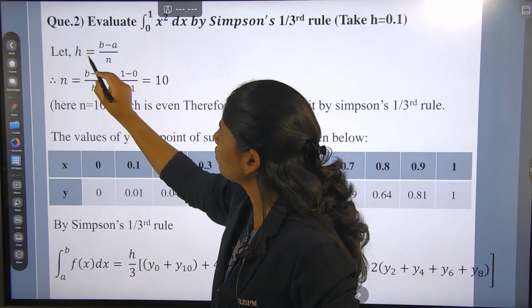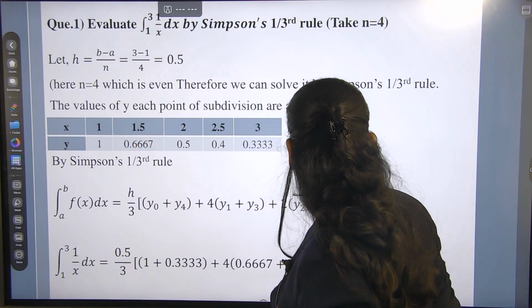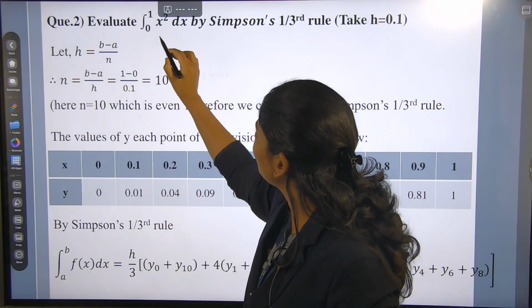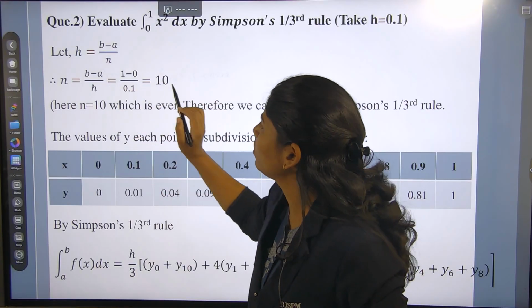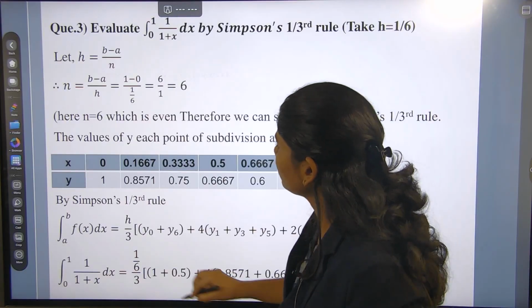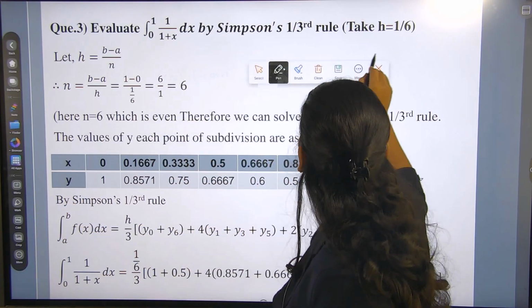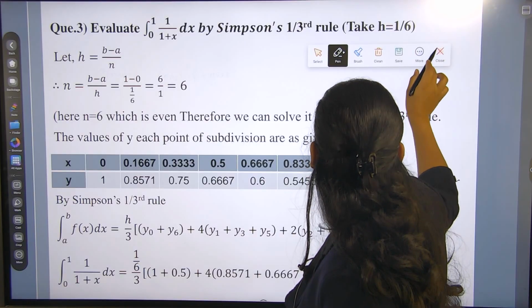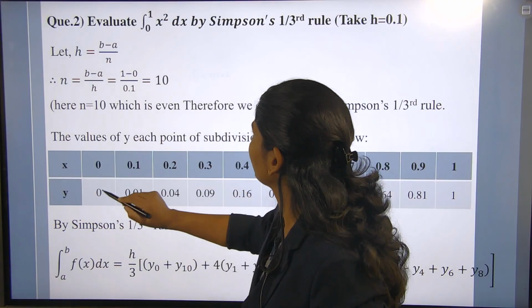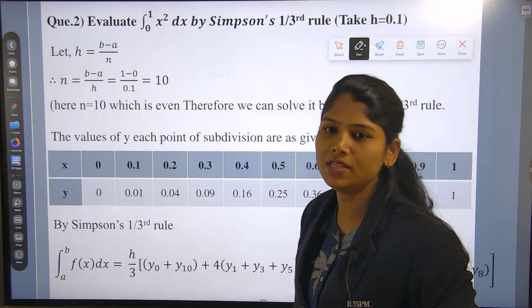For n we get the formula b minus a upon h. So here the value of b is 1 minus 0 upon the value of h, which is 0.1.